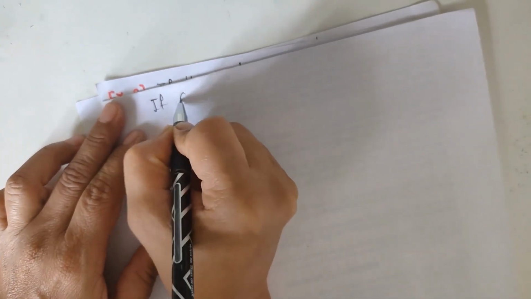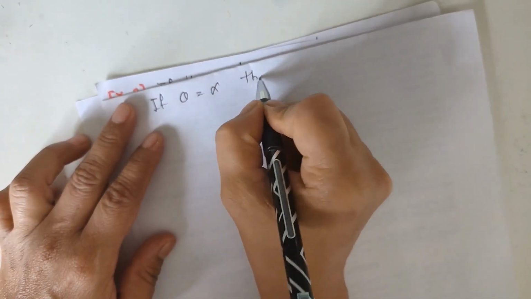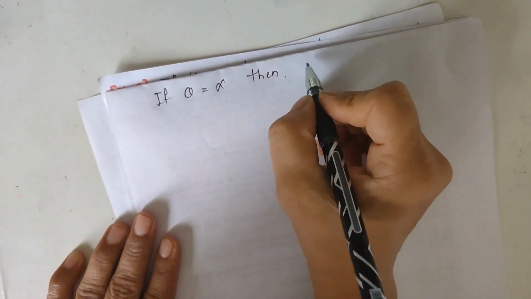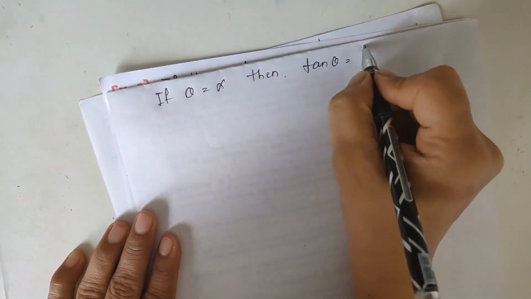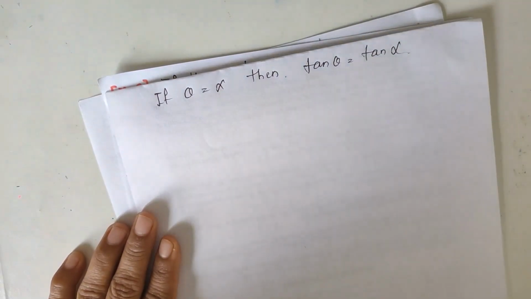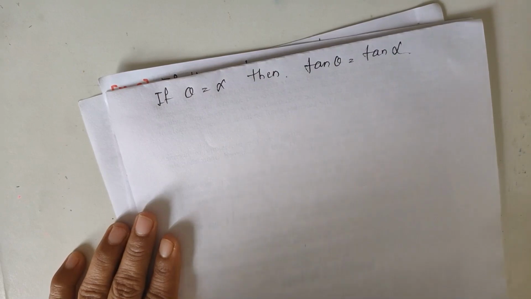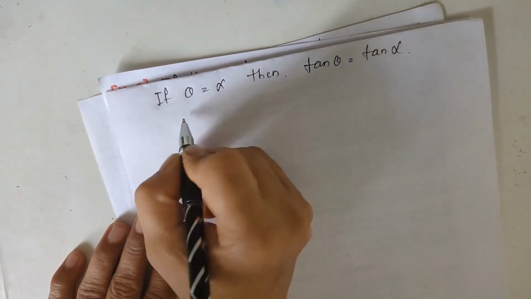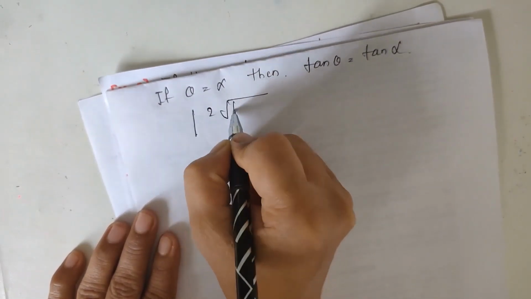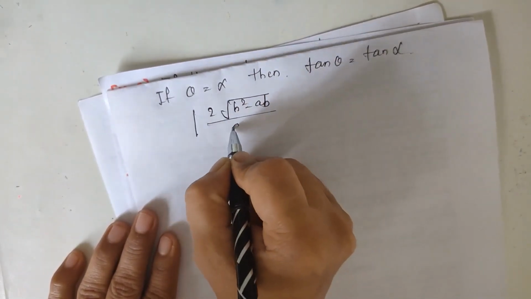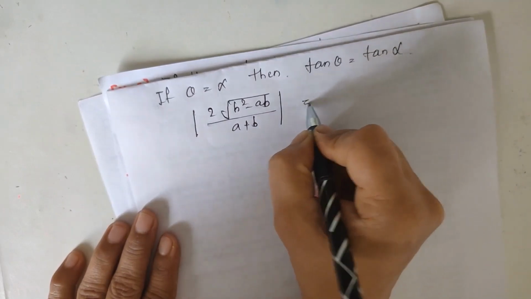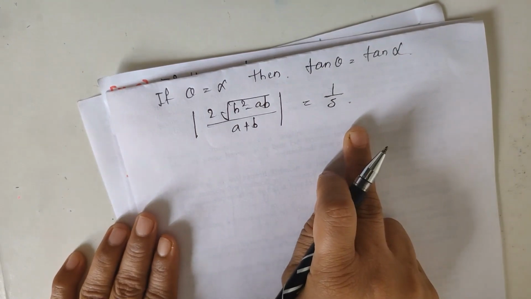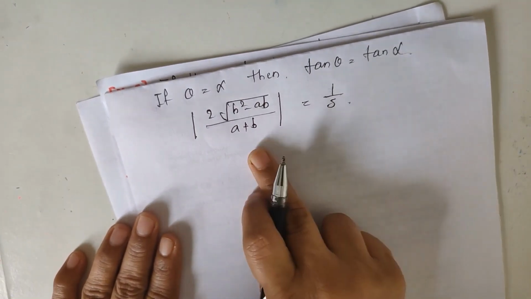If theta is equal to alpha, then by the given condition both the angles are equal, so tan theta is equal to tan alpha. So from equations 1 and 2, tan theta is mod of 2 under root of h square minus ab upon a plus b, and tan alpha is 1 upon 5. So comparing these two values, we get the given expression.